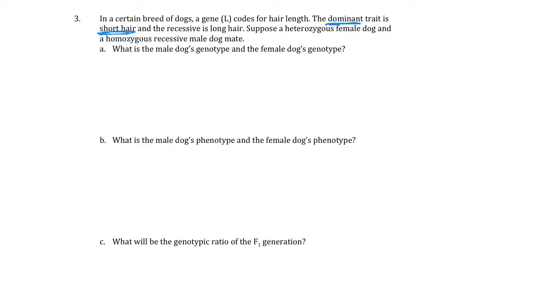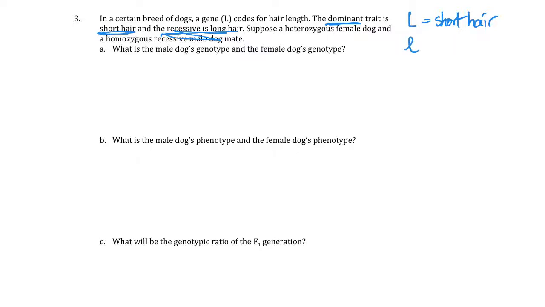So you have to be really careful. Right away I would write on the side, just make a note to myself, dominant trait, so big L is short hair, just to avoid confusion later, and recessive is long hair.